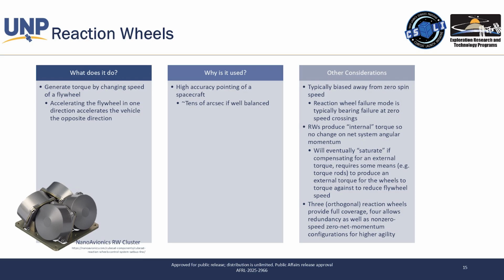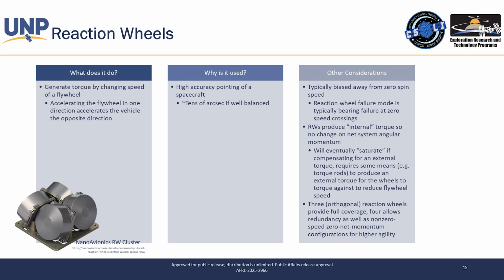There are some issues. They will be perpetually spinning. You don't want to have them at 0 because you get weird dynamics when you're trying to get over that hump of inertia and some of the motor dynamics. So we bias them, like plus 100 or negative 100 RPM or something like that. You don't try to hold them at 0.